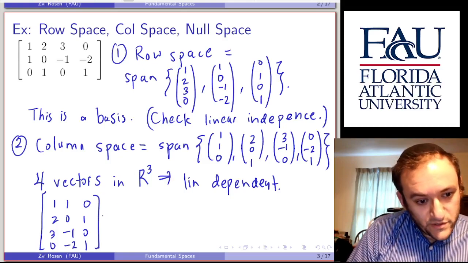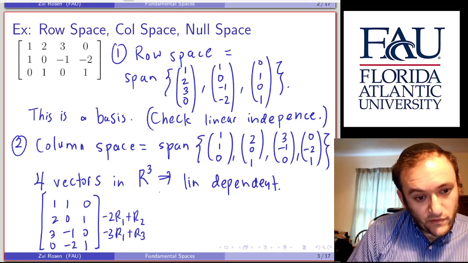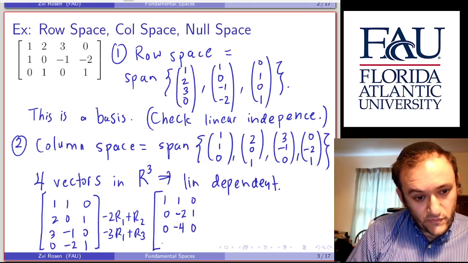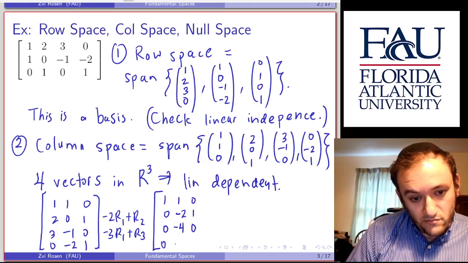We row reduce by adding -2 of the first row to the second row, and -3 of the first row to the third row. And what we get is (1, 1, 0), (0, -2, 1), (0, -4, 0), and (0, -2, 1).